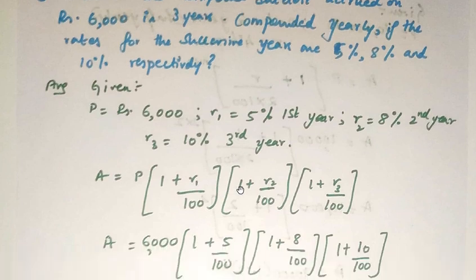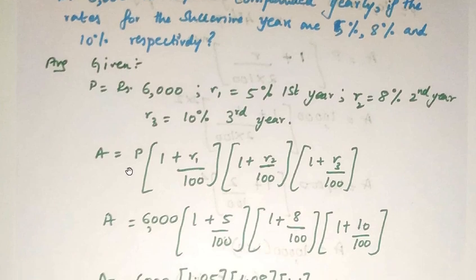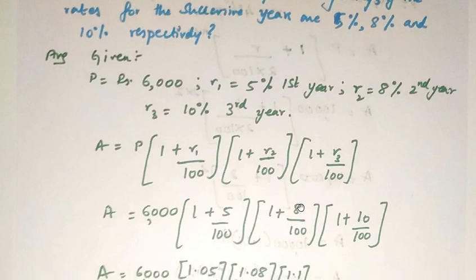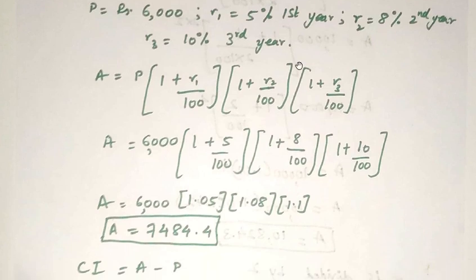So your formula will go like this. Amount is equal to principal into (1 plus R1 divided by 100) into (1 plus R2 divided by 100) into (1 plus R3 divided by 100). Since the rate of interest is changing every year, when you implement your figures in the formula, the rate of interest for the first year is 5%, second year 8 and third year 10.